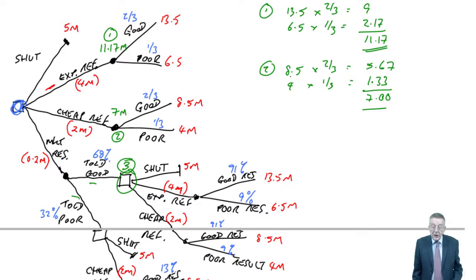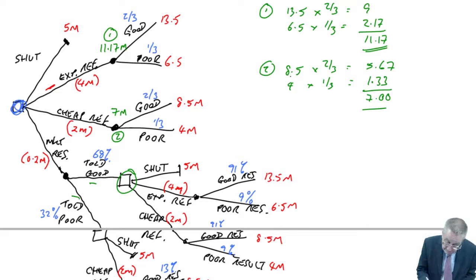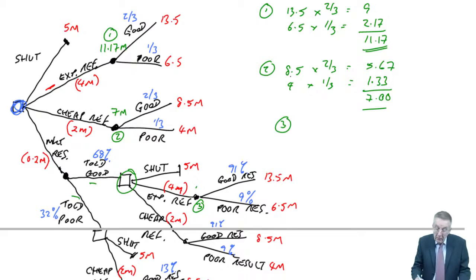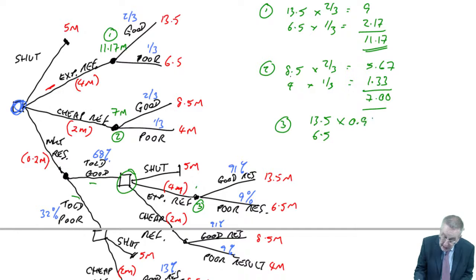We'll either decide to shut and we get 5 million, or, let me change the number, if it's expensive, we'll pay out 4 million, and how much do we get? Well, we either get 13.5 or we get 6.5. The probabilities are 0.91, 0.09.